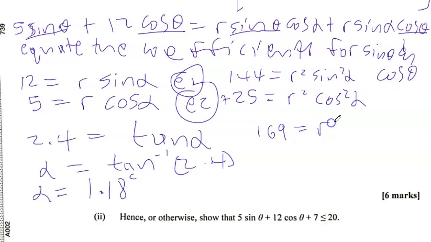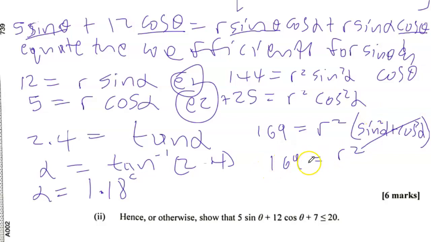The common factor there is r square. And sine square plus cos square is 1. So this is 169 equal to r square. We take the square root of both sides, so r is equal to 13.